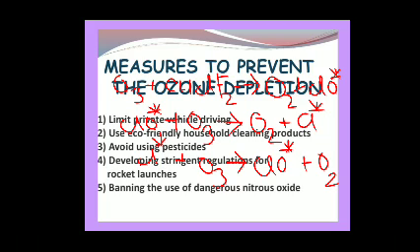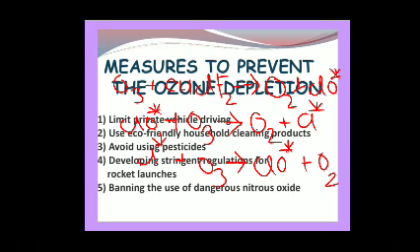NO2 plus a single oxygen atom interact to form NO plus O2. O3 turns to O2 by the interaction of nitric oxide. This nitric oxide, NO, interacts with O3 to form NO2 plus O2.